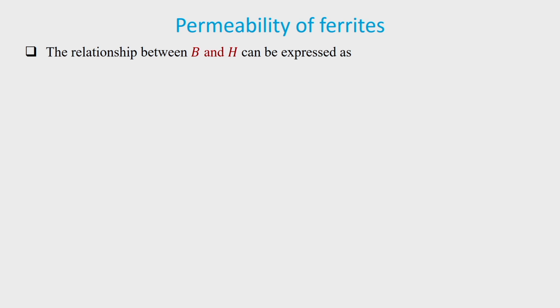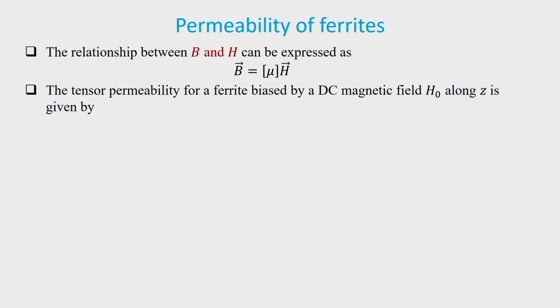Let us now have a look at the permeability of ferrites. The relationship between B and H for a ferrite material can be expressed as B equals mu H, where mu is a tensor permeability, as we will see.